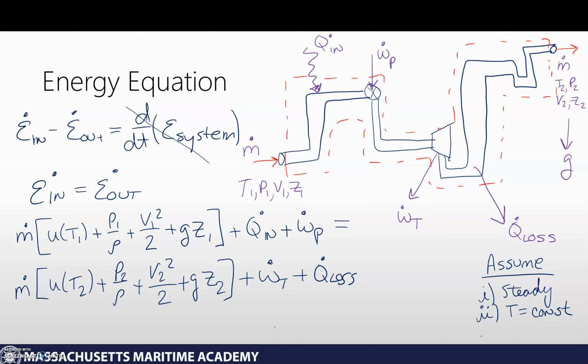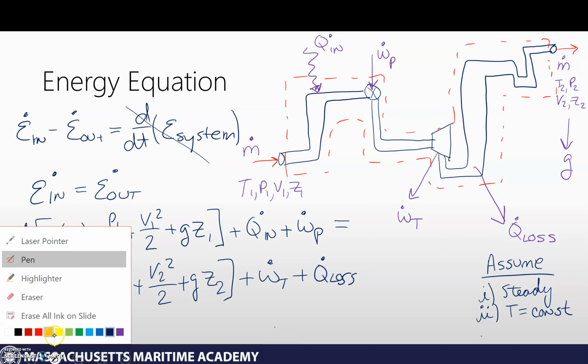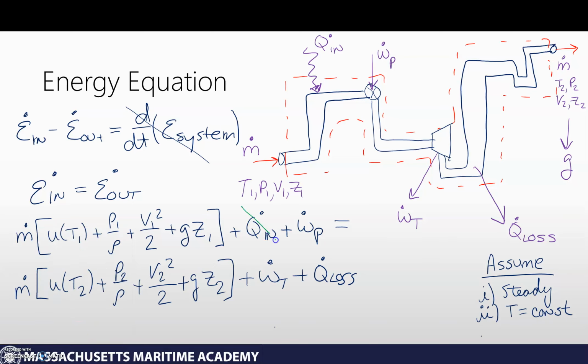But that also means that I'm assuming that I'm not either shedding heat to the surroundings or bringing in heat from the surroundings. So because of assumption 2, let me change my color here because I'm going to knock some stuff out. Because of assumption 2, let me write the 2 there to denote that, Q in falls out.